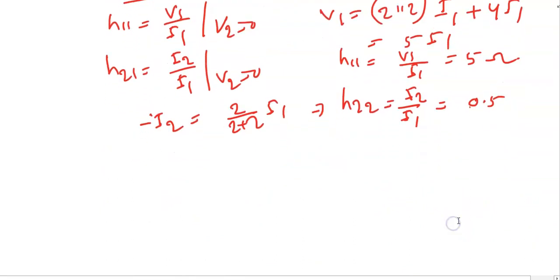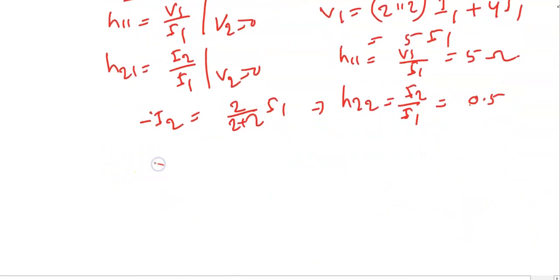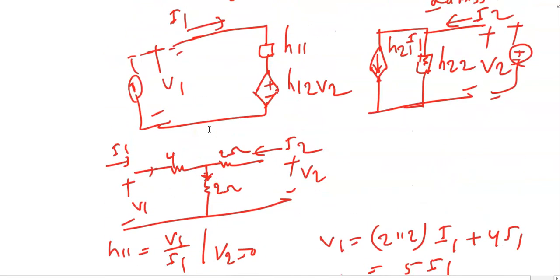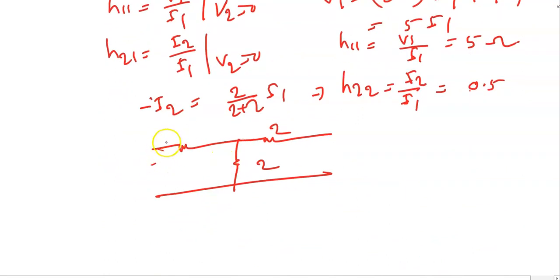Now open circuit the input side. This side we have made open. This is your V1 and this is your I1. As we have made port 1 open, I1 will be 0.